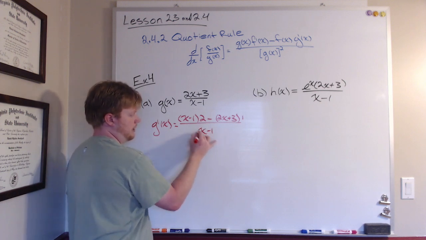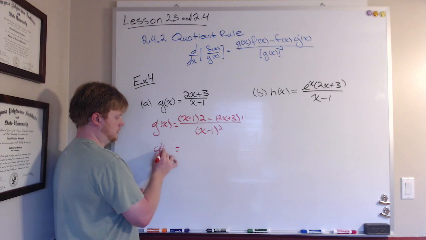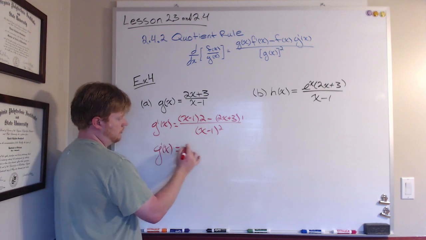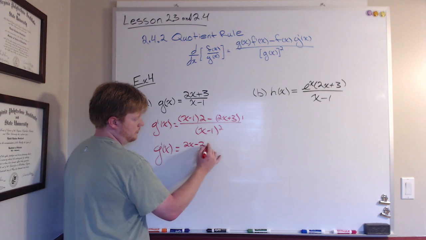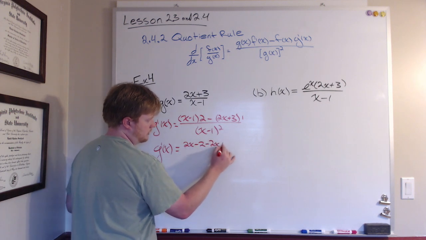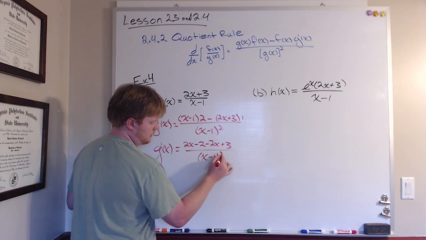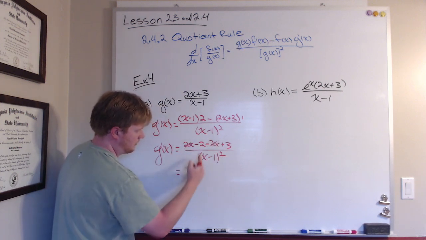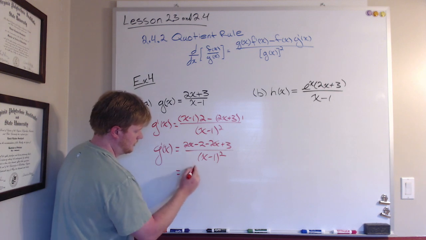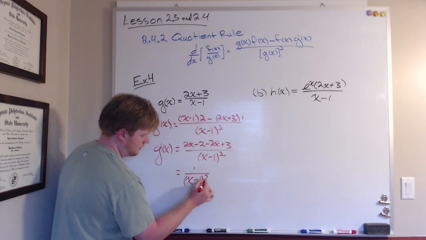And then we'll have the bottom squared. So to sort of clean things up, we have a 2x minus 2 minus 2x plus 3, which is negative 2 plus 3, 1 over x minus 1 squared.